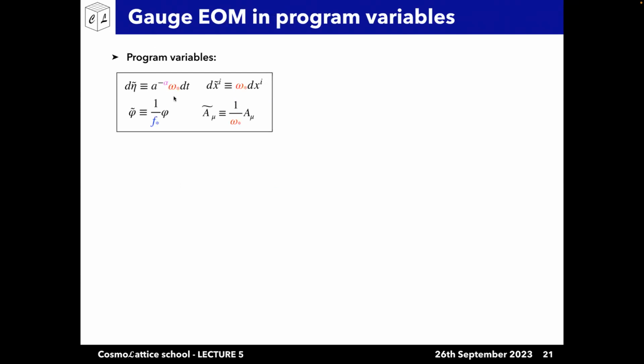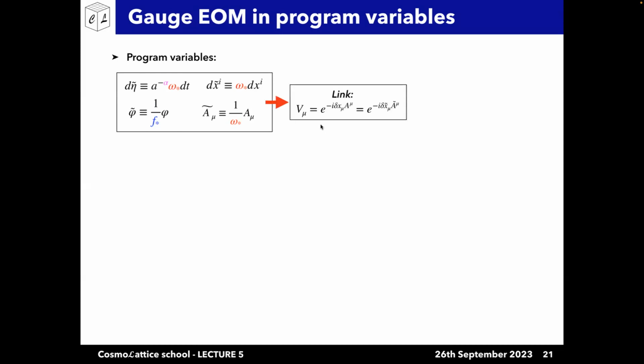What is in the program variables? I have already defined the program variables for space-time and the scalars. The program variable associated to the gauge field component we are going to rescale not by f star like we did for the scalars, but by omega star, which is the same rescaling as for space-time. So why are we doing this?